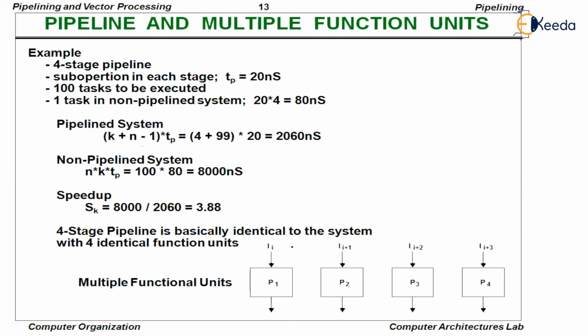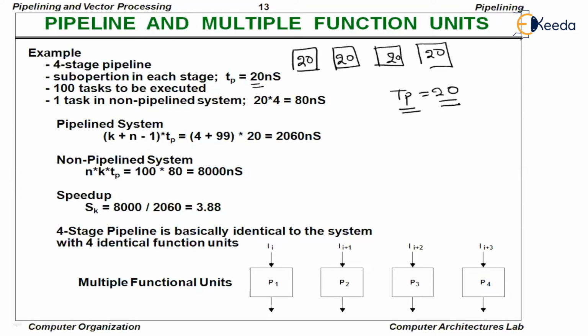Let us take an example. In this example, there are 4 stages: 1, 2, 3, and 4. Here it is given that Tp is equal to 20 nanoseconds, meaning each stage requires 20 nanoseconds. What is Tp? Tp is the max stage delay.